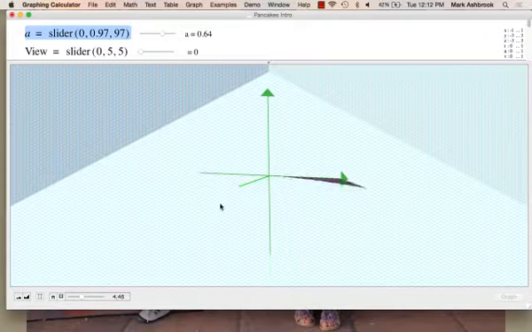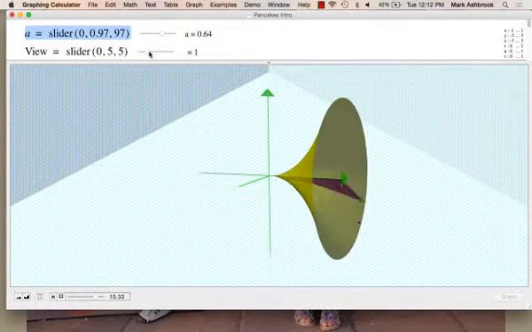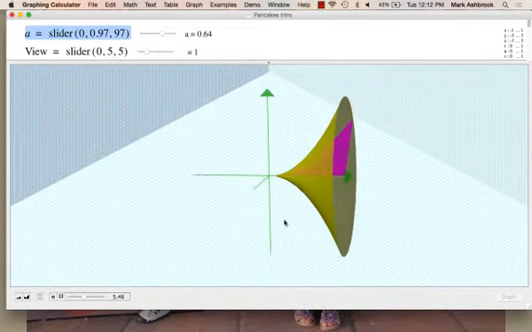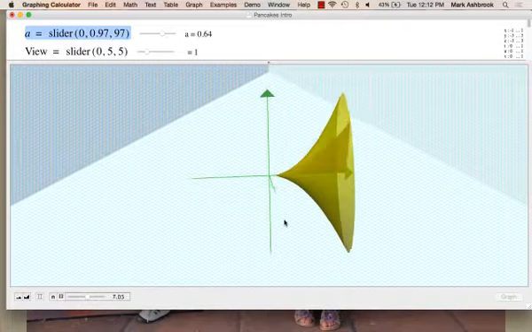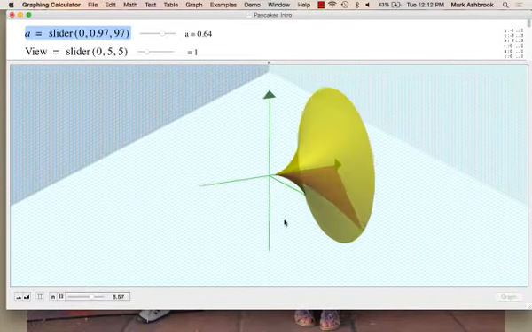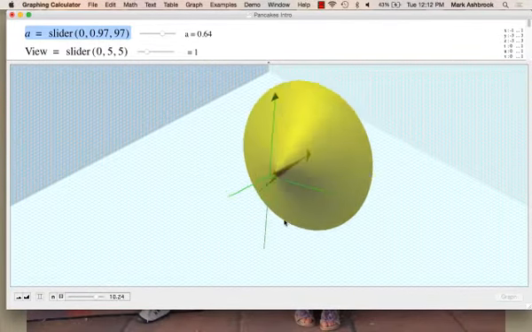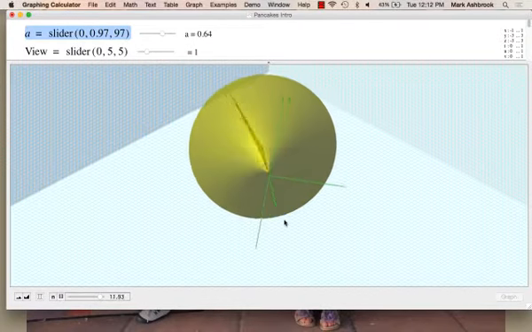A solid thing is a solid. It's like a Hershey's Kiss, right? So when we rotate that thing about the x-axis, we get this curved cone thing.